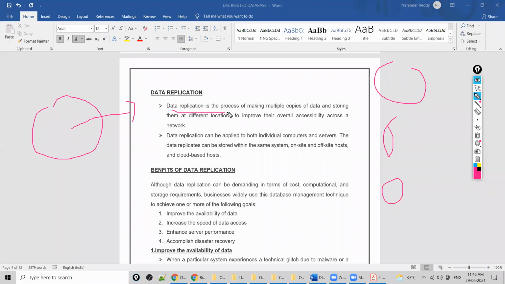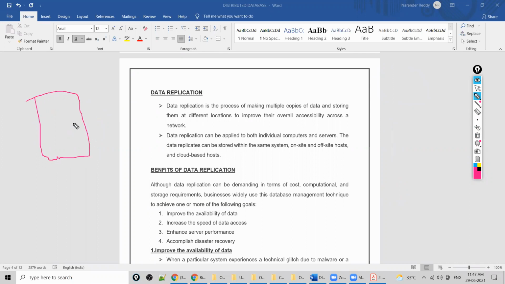Data replication is the process of making multiple copies of data and storing them at different locations to improve their overall accessibility across the network. For example, here we have one picture. You want to save the same picture in one or more locations for future purpose. This process is called nothing but data replication.